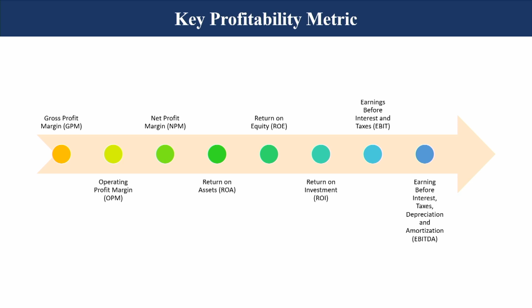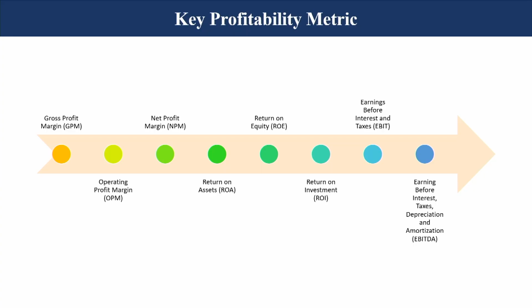Second one, operating profit margin, net profit margin. Then comes return on asset, return on equity, return on investment. Then comes earnings before interest and taxes, and earnings before interest, taxes, depreciation and amortization.